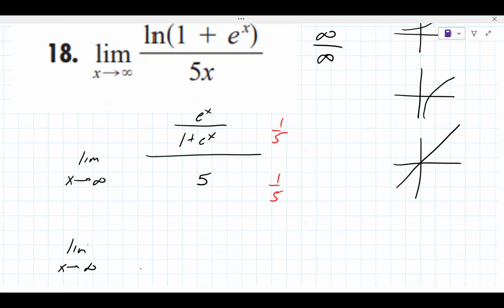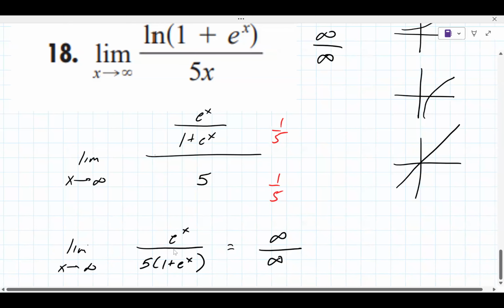Limit as x goes to infinity, e to the x over 5 times 1 plus e to the x. What happens here? Does this work out or is it another indeterminate form? It's another indeterminate. And which one is it? Infinity over infinity again. Good.